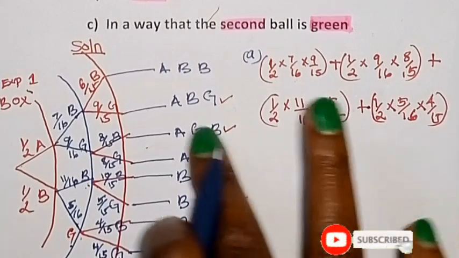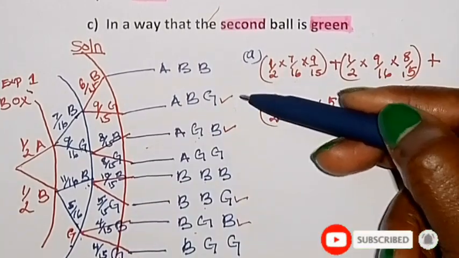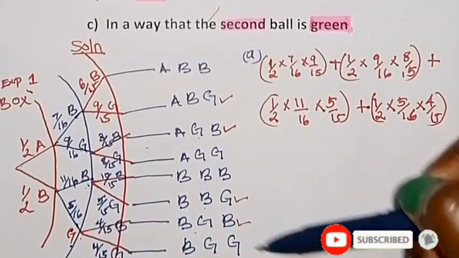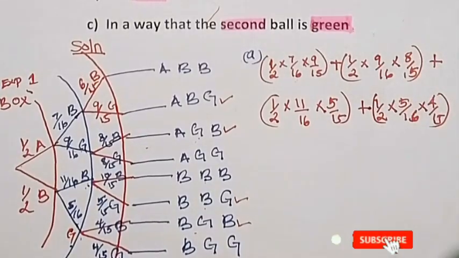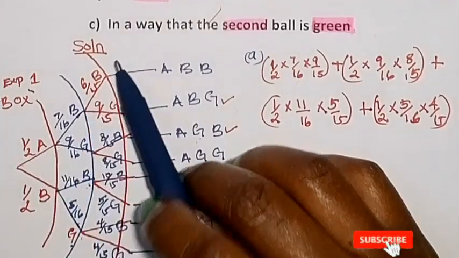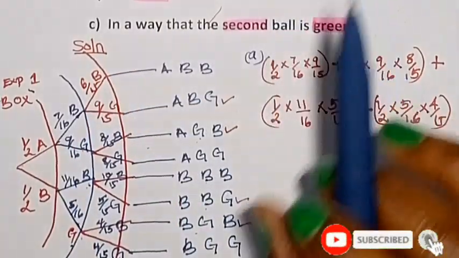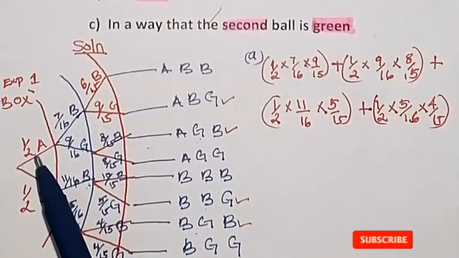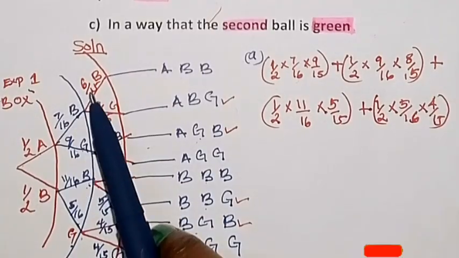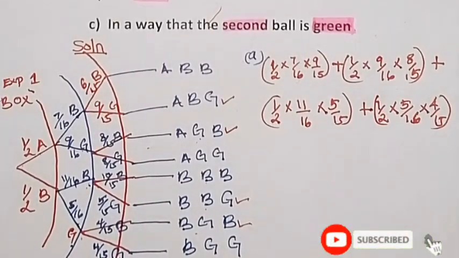So we have either this happening or this happening or this happening or that happening. That is the OR law of probability. And along the branch is the AND law of probability: box A and brown and brown. So that is why we are multiplying.